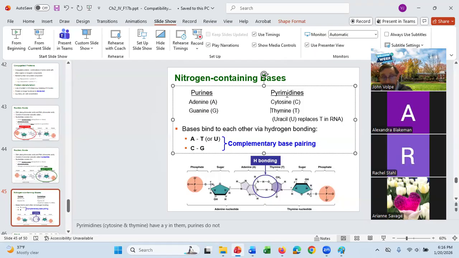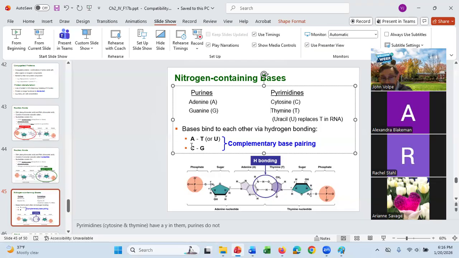All right, the DNA bases bind to each other by hydrogen bonds, and they form complementary base pairing, meaning the A and the T always hydrogen bond with each other.